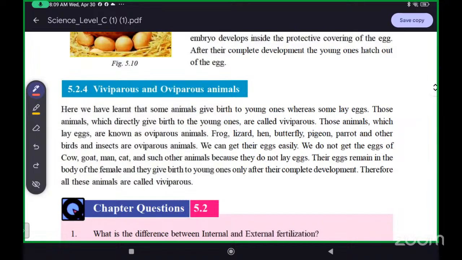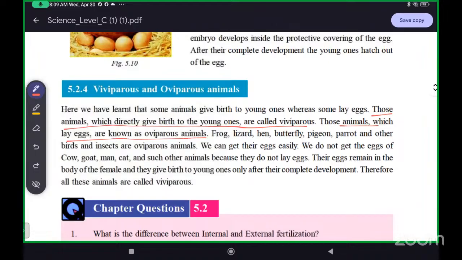Those animals which directly give birth to young ones are called viviparous, and those which lay eggs are known as oviparous animals. Frog, lizard, hen, butterfly, pigeon, parrot, and other birds and insects are oviparous animals.